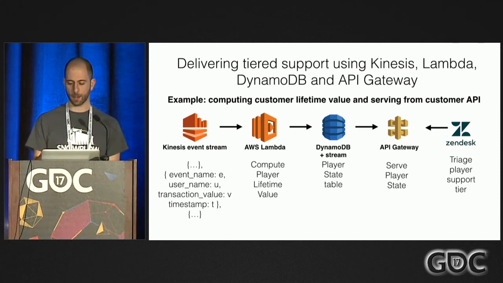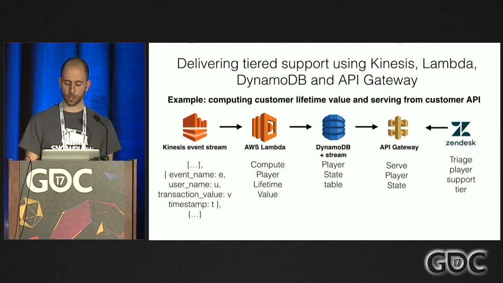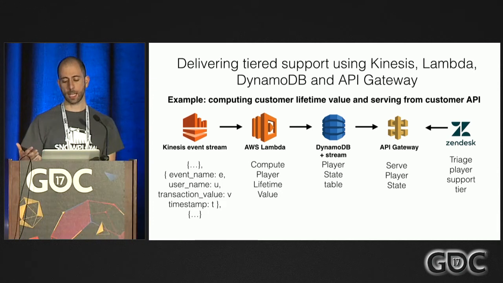So we have those events coming in. We have a Lambda that reads them off and computes the player's lifetime value, and that might be a sophisticated calculation. It might be a very, very simple calculation. But either way, the results of that calculation are then written to a player state table in DynamoDB, and that can be exposed as an API to any service we want using API Gateway.